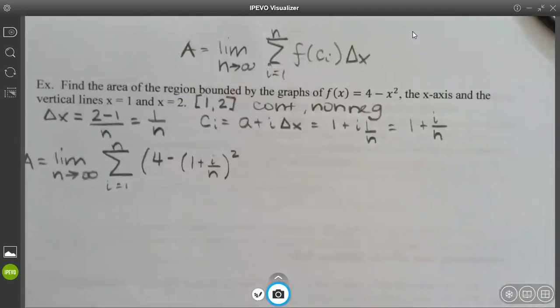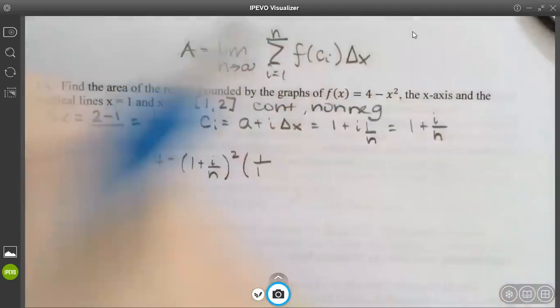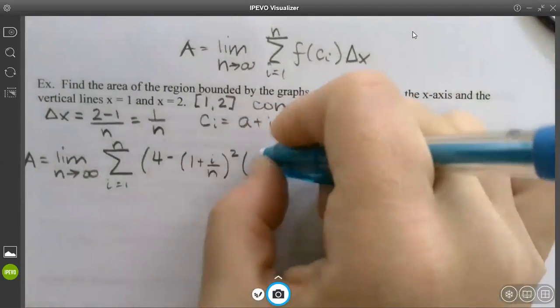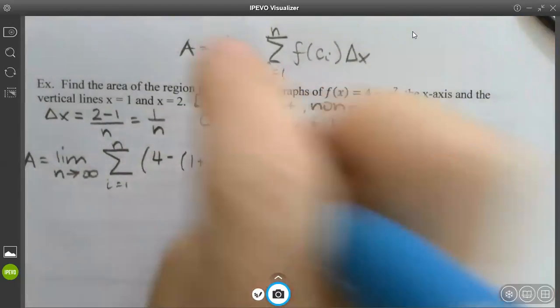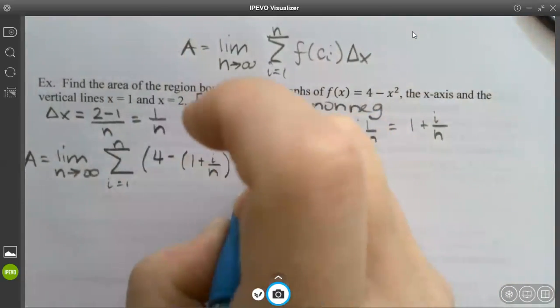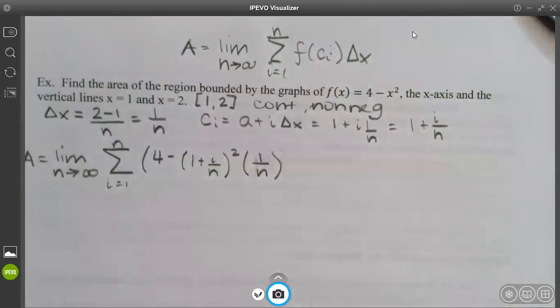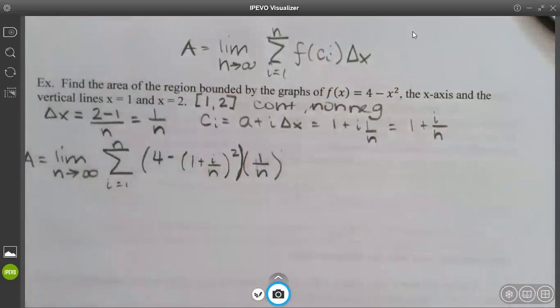Then we have to multiply that by delta x, and our delta x is 1 over n. I did have it right. I did not put my other set of parentheses here, so I apologize for that.